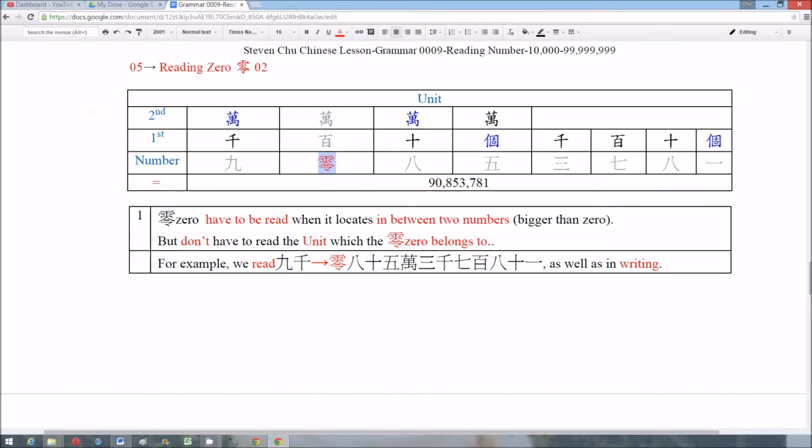In this case, we have to read the 0 because it is in between two numbers, but we don't have to read the units it belongs to. So this number is read as 9千零八十五万三千七百八十一.